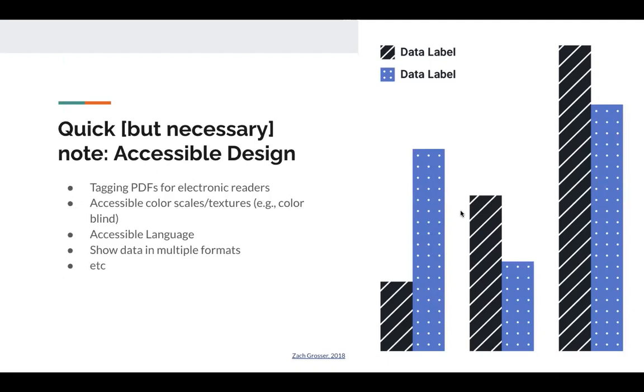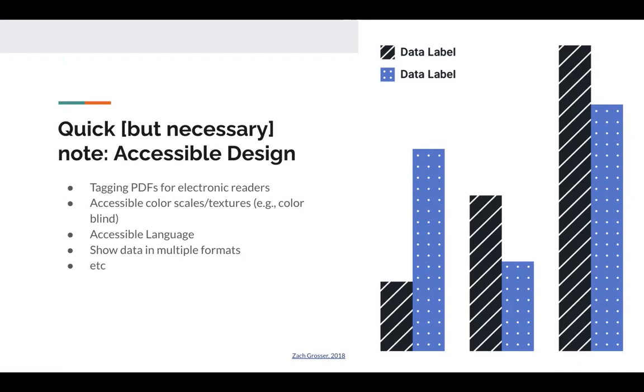Finally, a note about accessible design. I'm not going to go into this heavily here, but it is very important to think about the way that we are communicating our data or our figures. So really consider looking up some resources or taking a workshop about tagging figures so people who are not engaging with them in the way that you're assuming are able to partake in the information, using accessible color scales or textures.